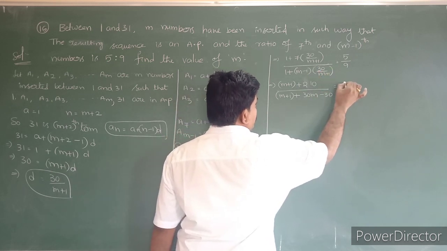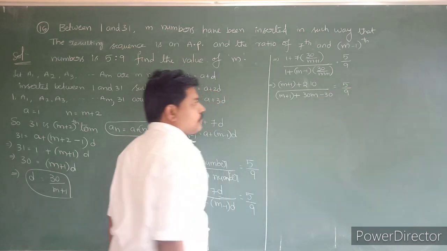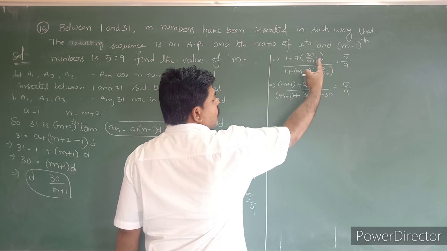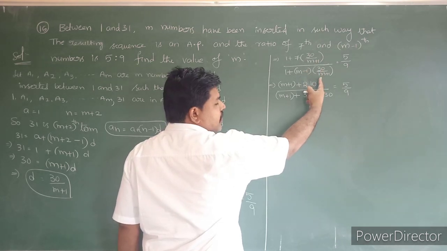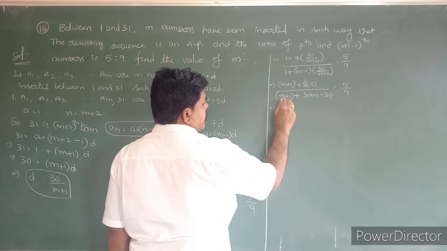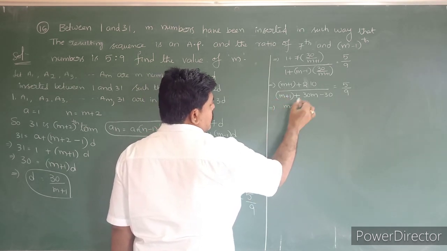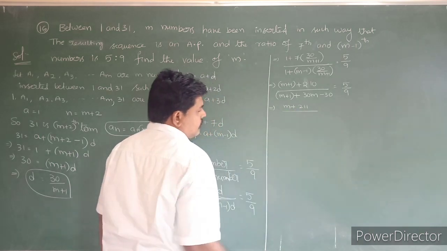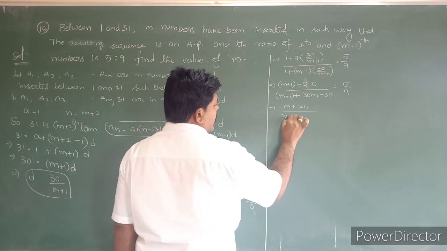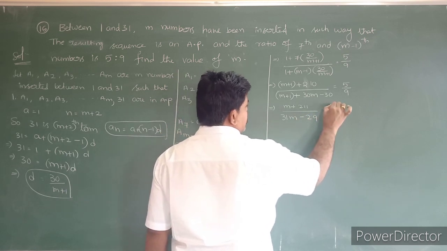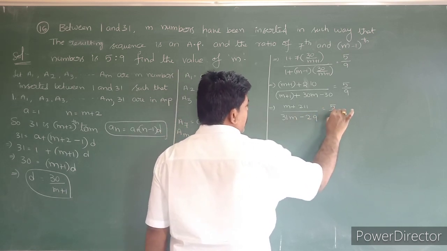So that is equal to 5 by 9. I have taken the m plus 1 LCM in the numerator and the denominator and we are cancelling both. So that implies m plus 210 plus 1 is 211 by 31m minus 29. So that is equal to 5 by 9.